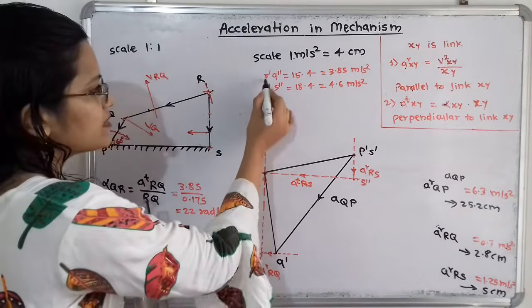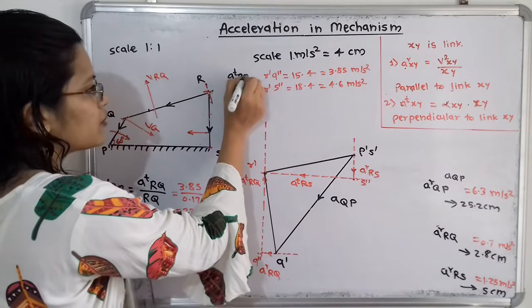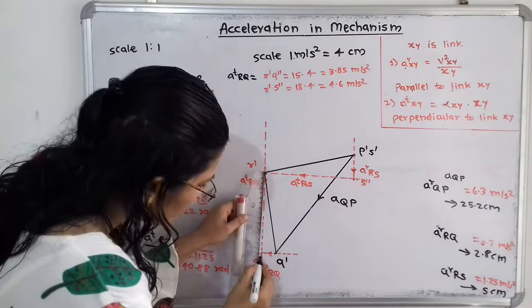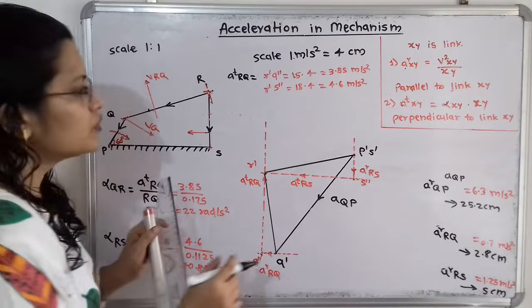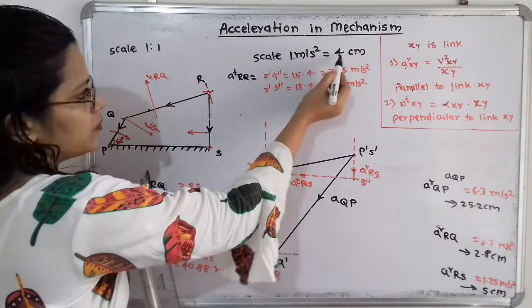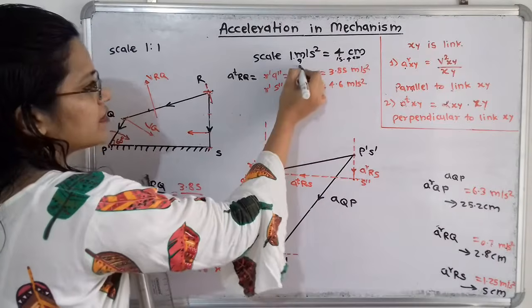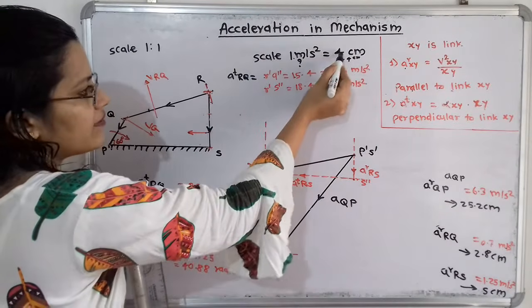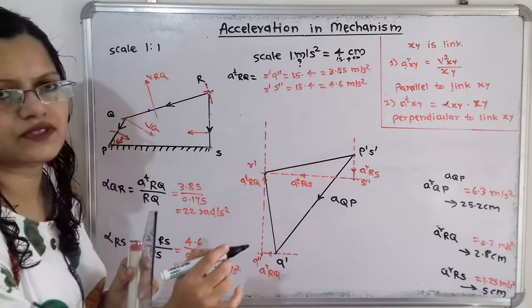For the tangential component of RQ, A raised to T RQ, we have to measure R dash Q double dash. If we measure, we get a length of 15.4 centimeters. So 15.4 multiplied by 1 divided by 4 is equal to 3.85 meters per second square.